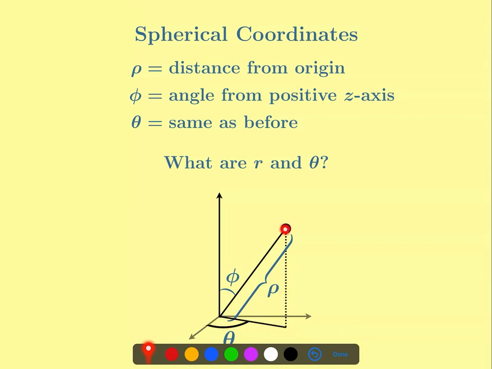So in space, it's not the distance to the origin. R is, in fact, the distance to the z-axis. So r is actually the distance to the z-axis, same thing as the distance from here to here. So in the xy plane, it's the distance to the origin. And theta, again, is as it was before, this angle down here.